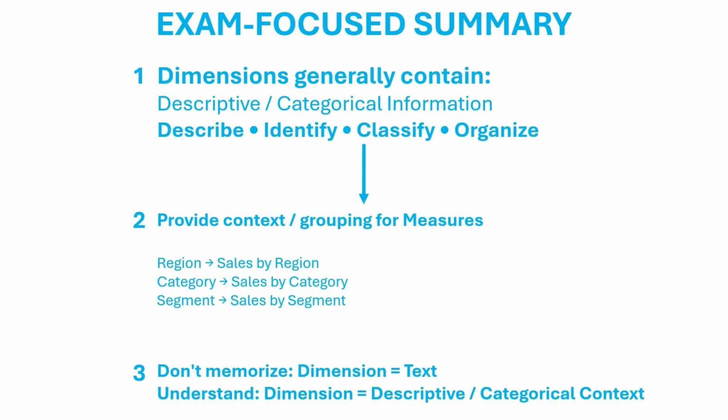So, if you see a question about what kind of information dimensions usually contain, think descriptive, categorical, identifying, or contextual information. And remember this simple idea: dimensions tell us what, where, or which. Measures generally tell us how much or how many.